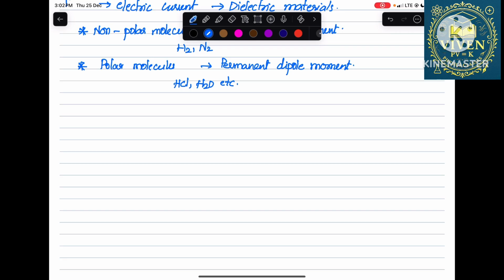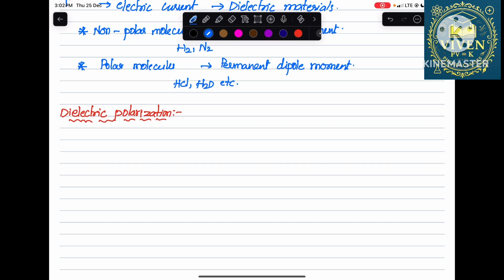As we started with dielectrics, let us see the next term, dielectric polarization. What is dielectric polarization? Just above, we classified the dielectric materials based on dipole moment.